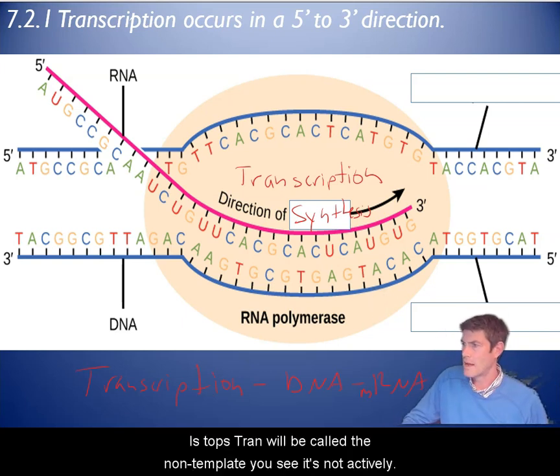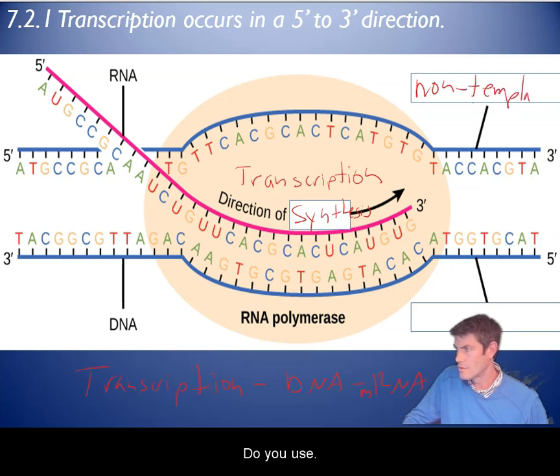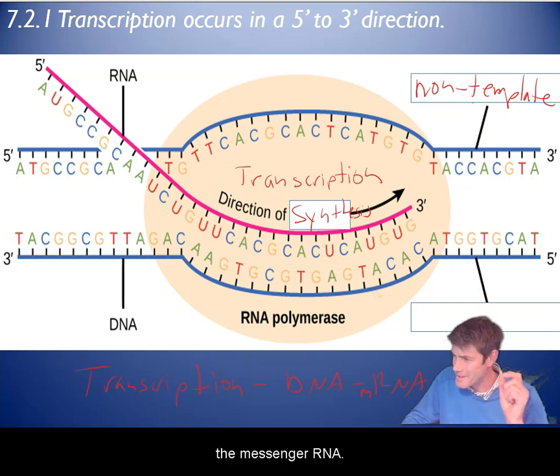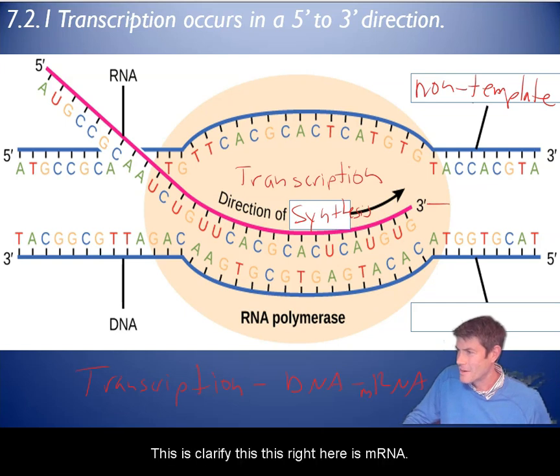This top strand would be called the non-template. You see it's not actively being used to match up those bases to make the RNA, the messenger RNA. Let's just clarify this.